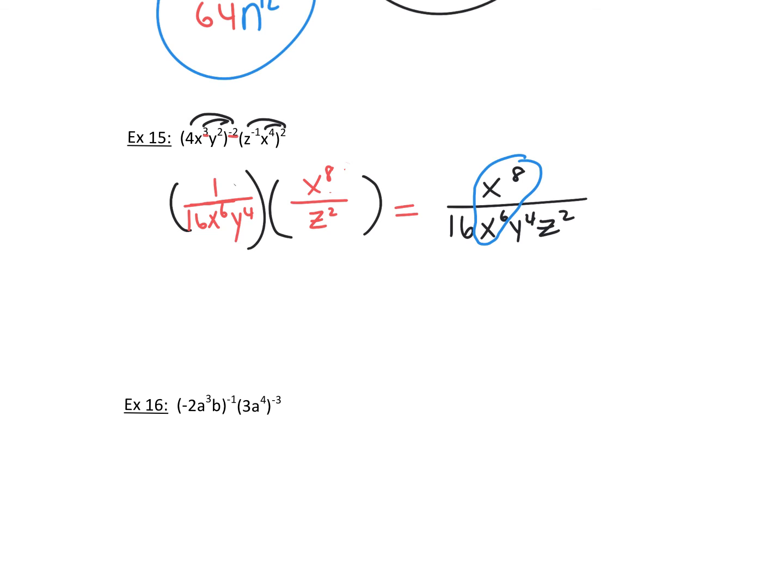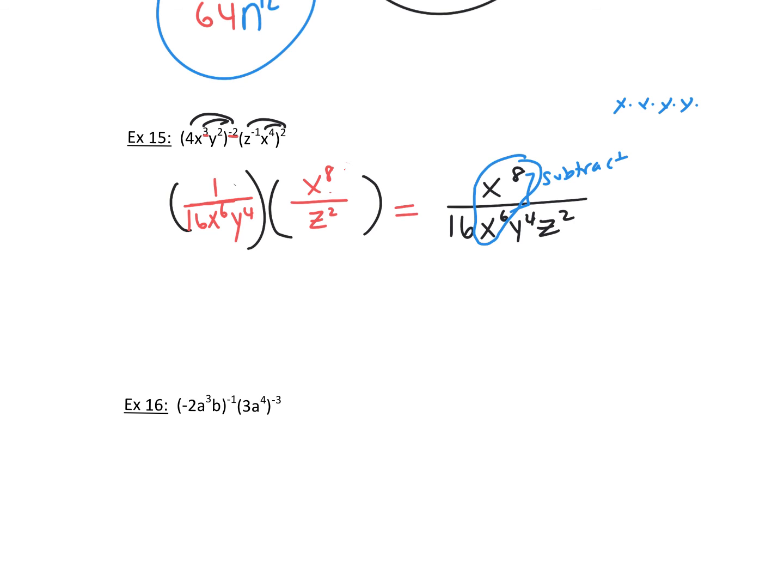And we simplify doing the opposite of what we do for multiplication. So if in multiplication we add exponents, this is division, we're going to subtract the exponents. So 8 minus 6, I'm going to subtract those, and I get x squared. And if you learned either last year or the year before, basically in the numerator you have x times x times x times x.